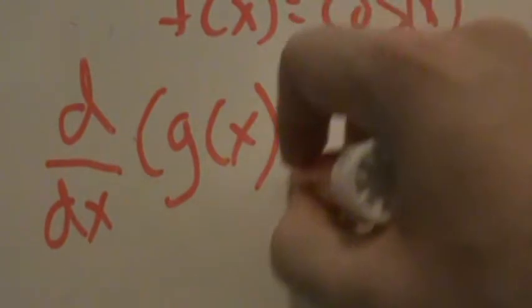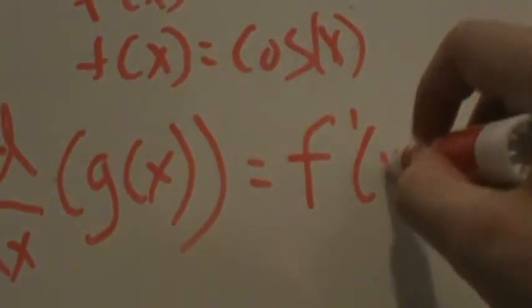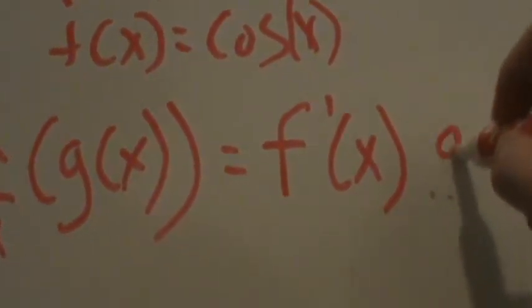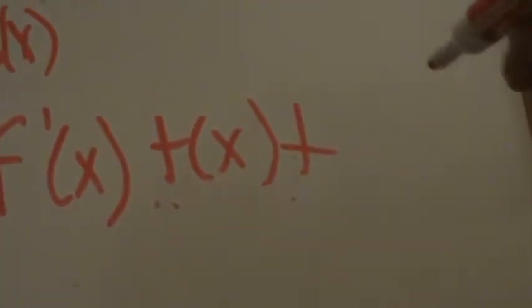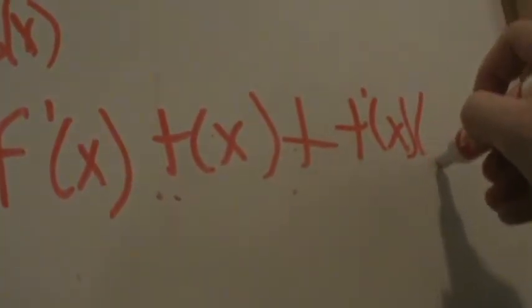Basically what you do is d/dx of g of x equals f prime of x times t of x plus t prime of x times f of x.